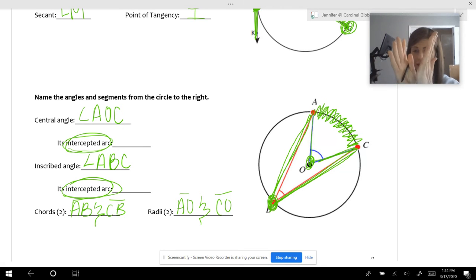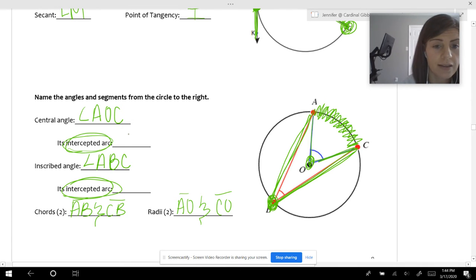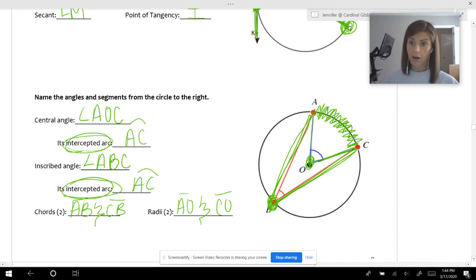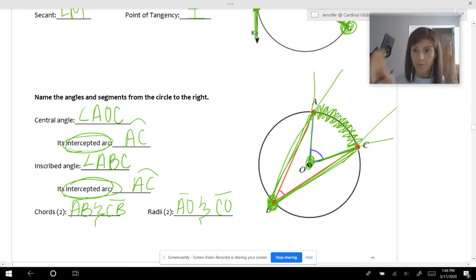It's the arc that those angles cut off on the circle. So for both of these angles, they have the same intercepted arc. They both have the arc AC as their intercepted arc. If we extended the sides of either of those angles, that's where they would cut through the circle and leave that piece of the circle in the middle. So that's what the intercepted arc is.